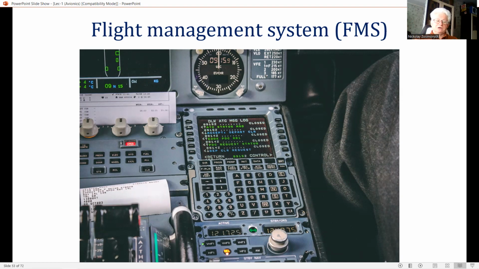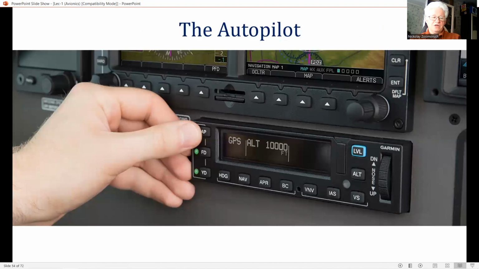It should be noted, however, that the autopilot is a standalone system and not all aircraft are equipped with an FMS. The autopilot relieves the pilot of the need to fly the aircraft continually with the consequent tedium and fatigue, and so enables the pilot to concentrate on other tasks associated with the mission.